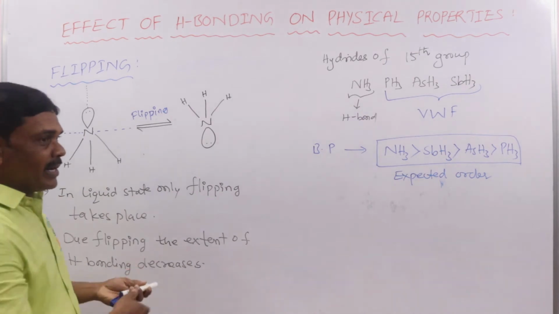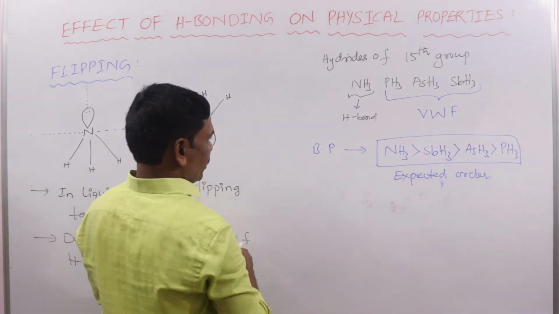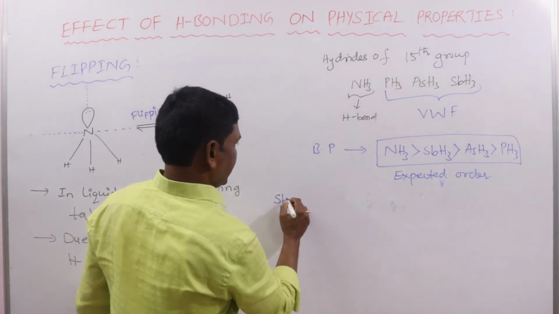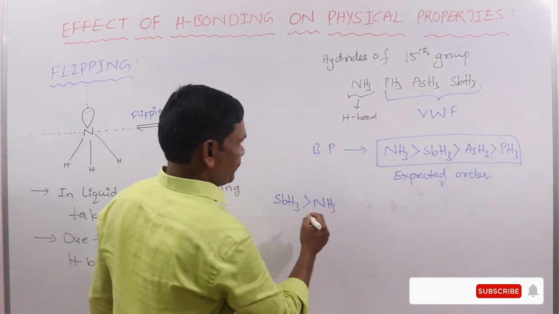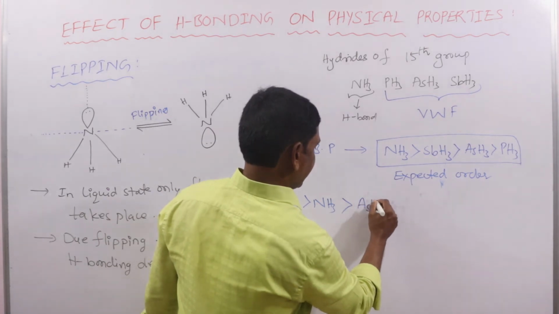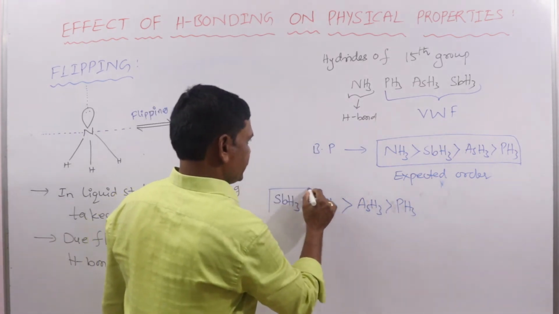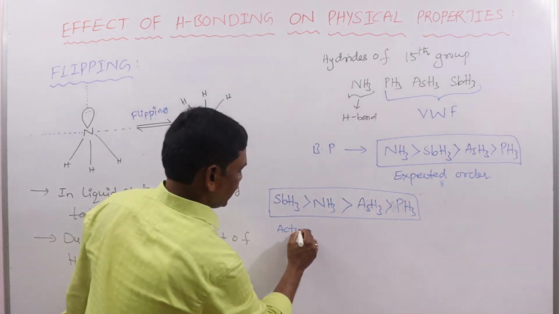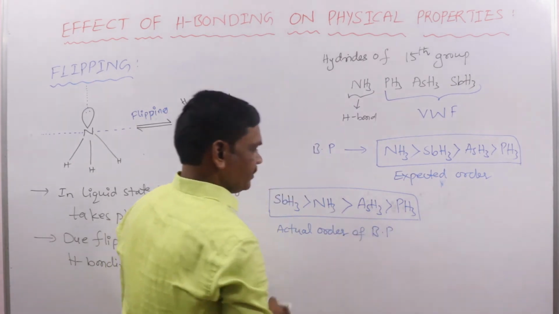So now you tell me, what is the order of boiling point? First SbH3 greater than NH3 greater than AsH3 greater than PH3. Okay, so this is the actual order of boiling point.